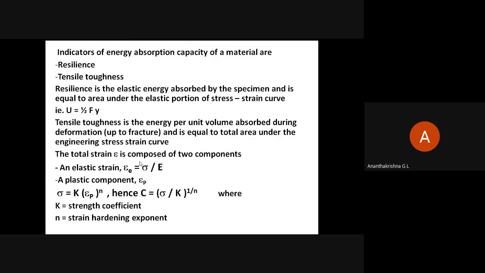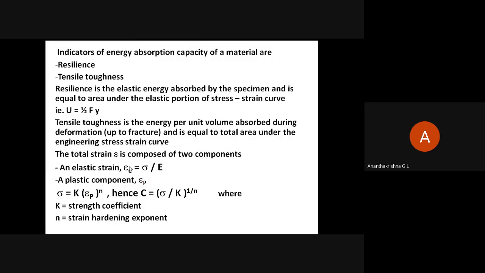Our elastic strain is given by stress divided by Young's modulus. From which expression do we get this? Strain is equal to stress by Young's modulus. This is from Hooke's law, exactly, that is, stress is proportional to strain within elastic limits. Removing the proportionality constant, we get Young's modulus.